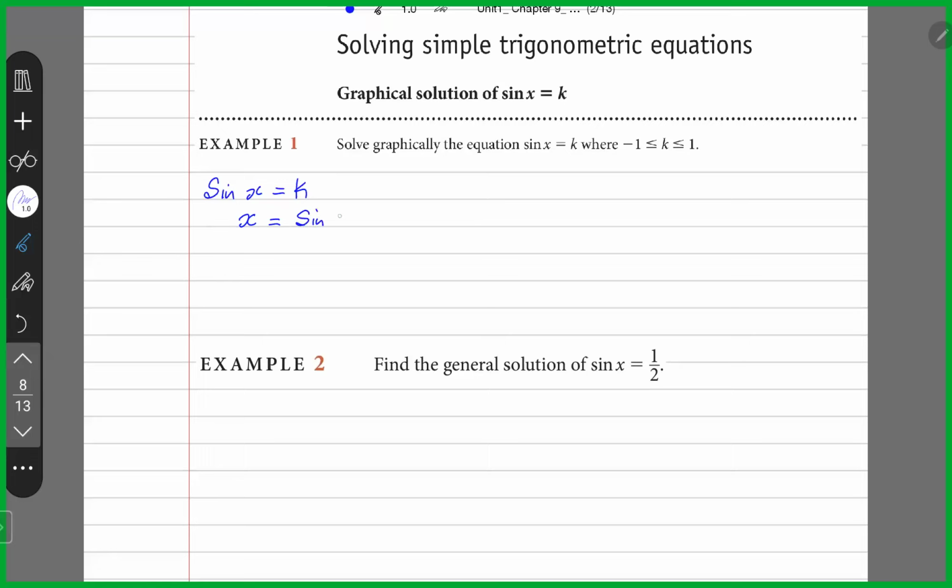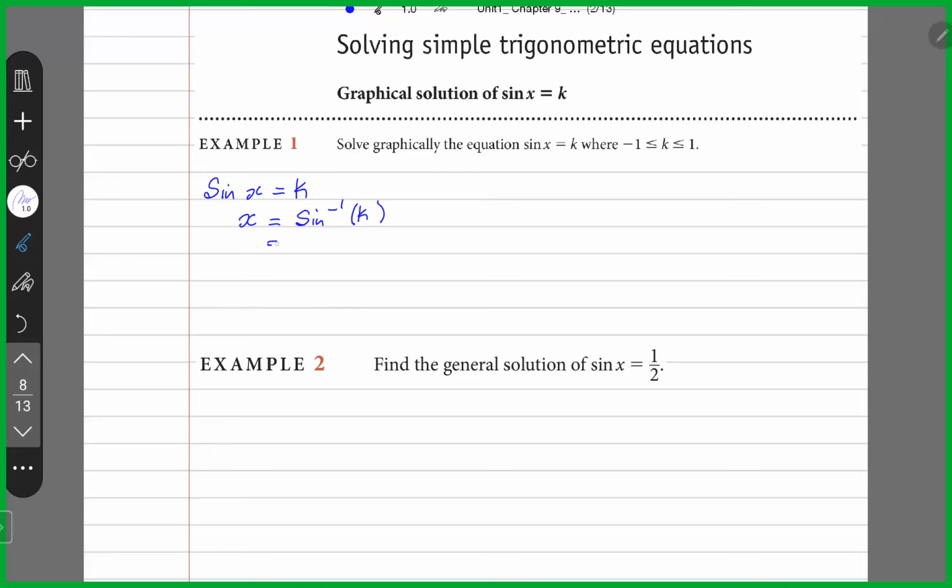So x is equal to sine inverse of k. And let us say the answer to sine inverse k in the first quadrant is alpha.